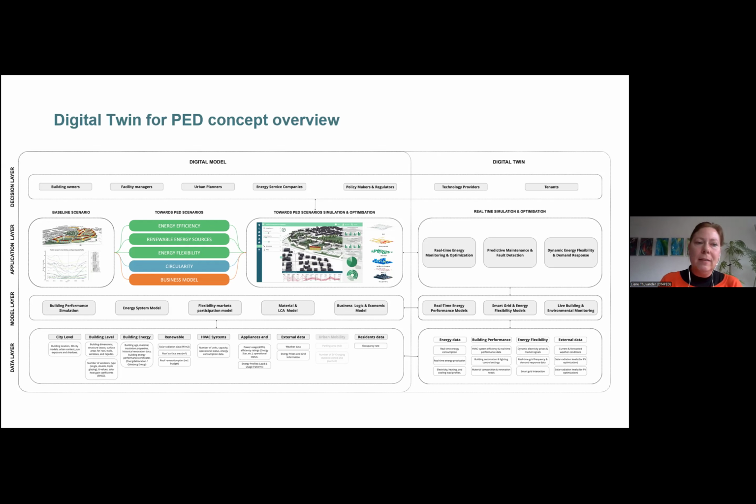Application layers, as I said before, we have the baseline scenario, and we have four scenarios outlined, and within the scenarios we have several conditions. The first 3 are the ones mentioned by Martin already, but we also added circularity. As I said, it's important for the Swedish context: when we work, for example, with renovation solutions or adding PV solutions, you also put in material and embodied emissions.